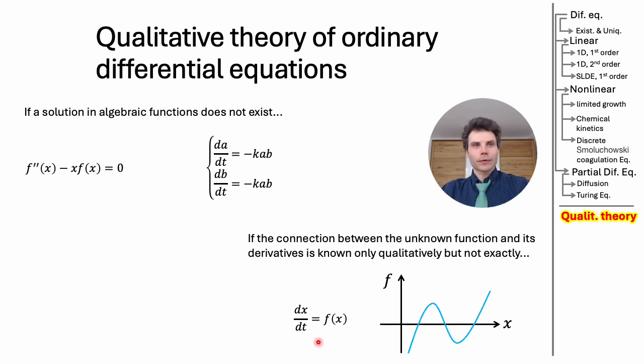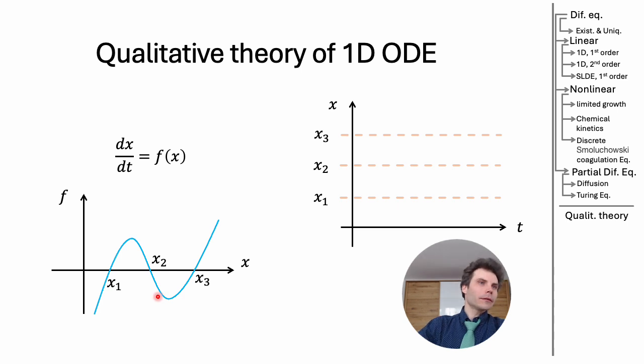It's an example of the qualitative study of a first order, one-dimensional ordinary differential equation written here. Let's examine how this right-hand part of the equation behaves. So we see that it doesn't depend on t explicitly.